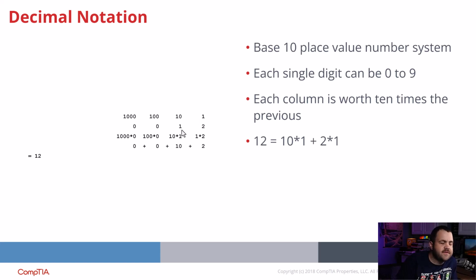Well, as we start looking at the next ones, keeping this standard makes the most sense. Having this understanding of place value and how you do the math to get it matters. So again, the 1000s had 0, the 100s had 0, the 10s had 1, the 1s had 2, and that comes together to make 12.